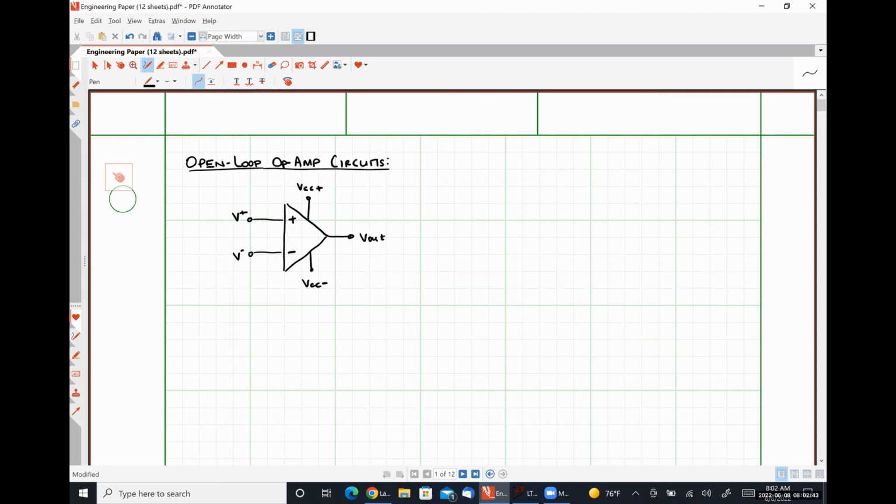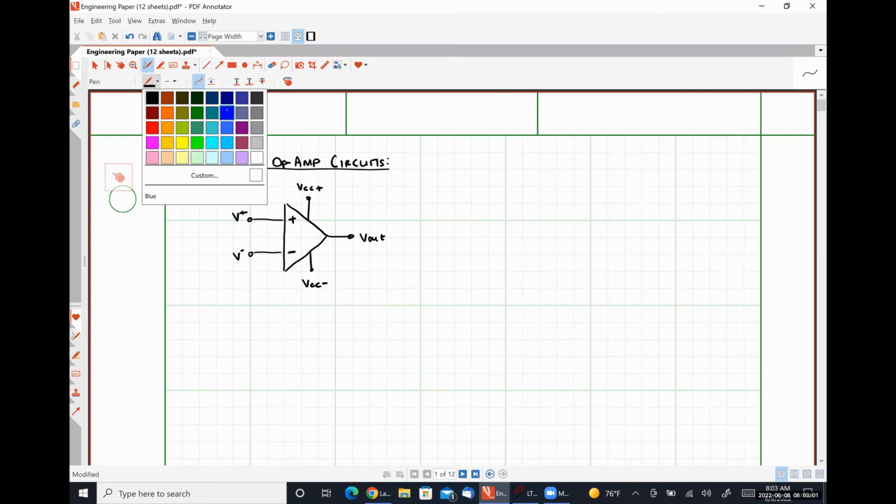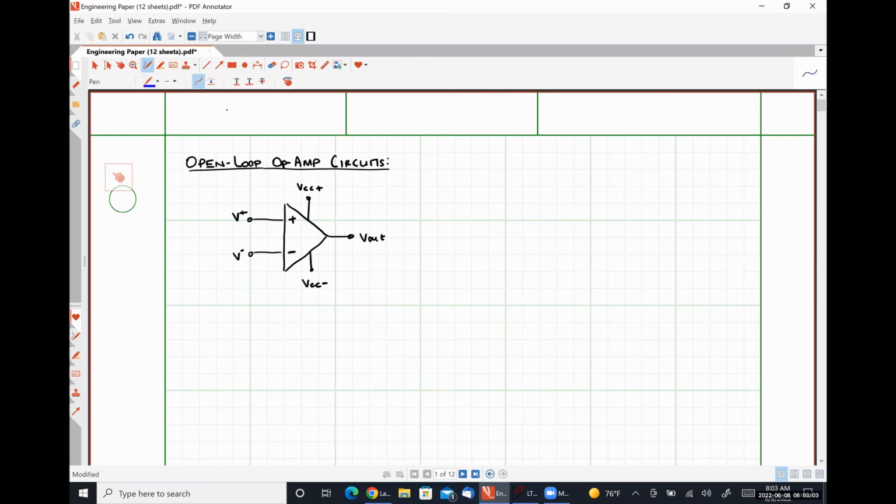So in an open loop op-amp configuration, what that means is that there is no feedback path connecting the output node to one of the input nodes. For those of you who have taken Circuits 1, you should likely be familiar with op-amp circuits in which there is some path.